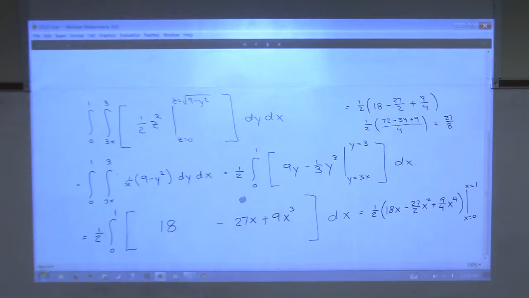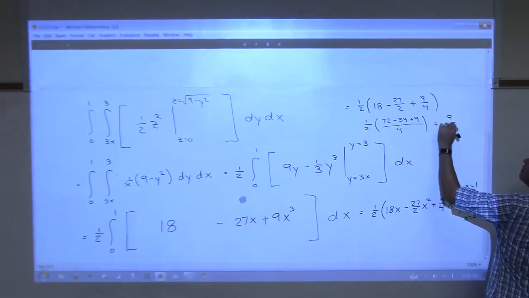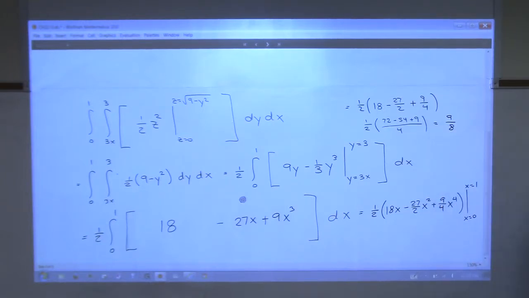54 plus 9 is 63. 63 minus 72, 9? Yeah, so that doesn't seem right. I don't even know. Seriously, this is arithmetic at this point. My brain really just doesn't want to do it. Now you have to do it, but I already done enough arithmetic. 27 over 8. Yeah, I got 27.